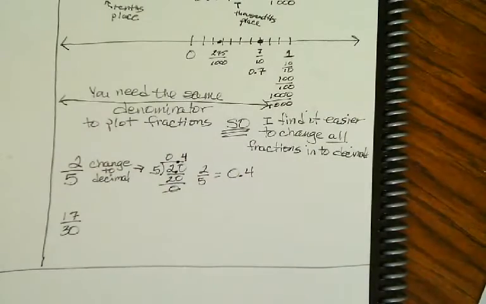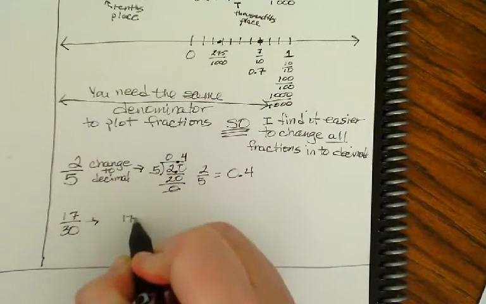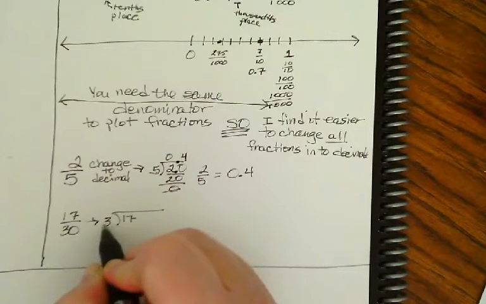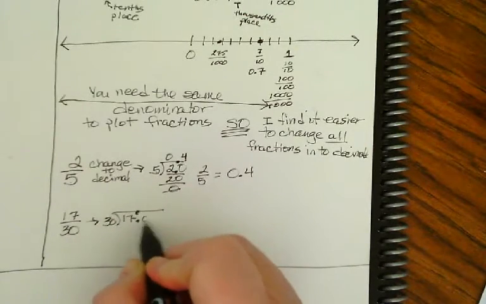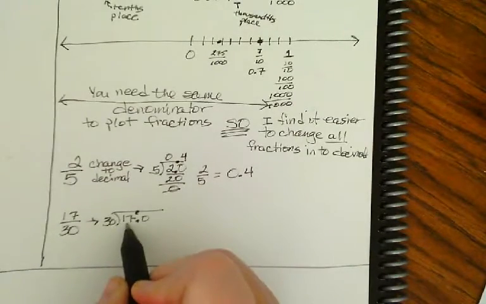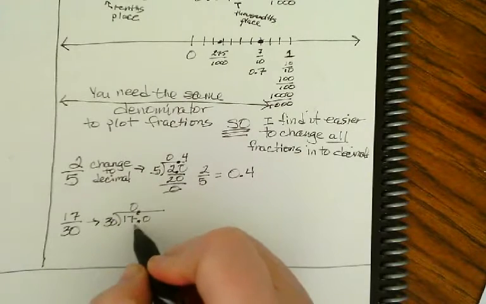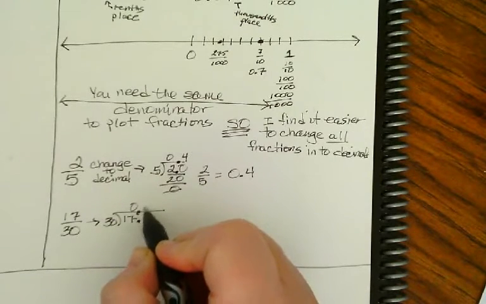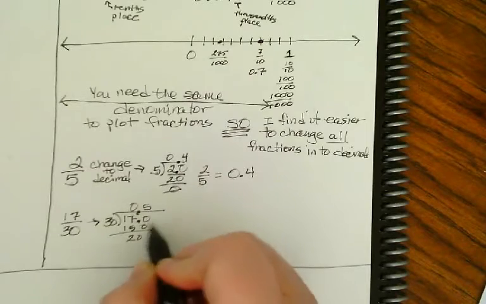This is 17 divided by 30, and we know we're going to have a decimal, so go ahead and take that invisible and make it visible. And I could do the math. 30 goes into 170 4 or 5 times. So that's 150, leaving 20 left over.